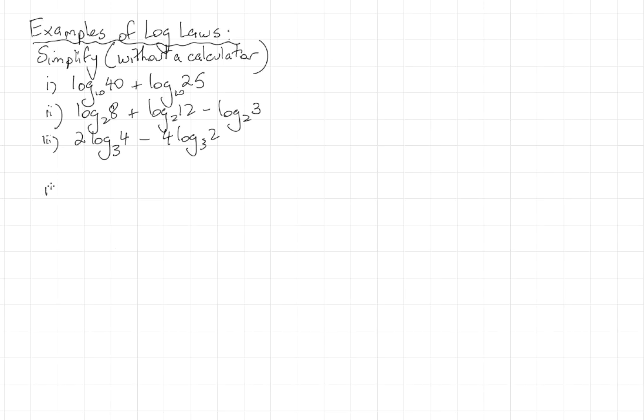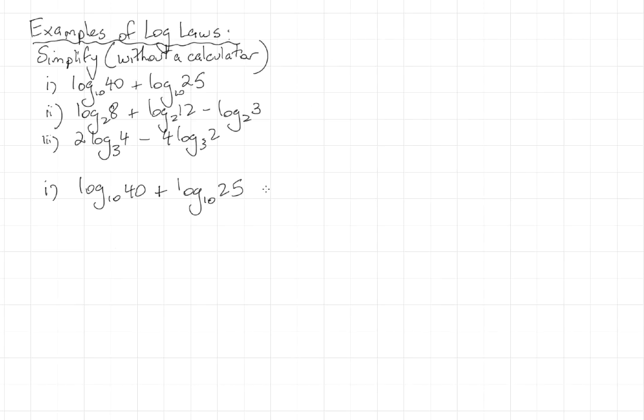So let's have a look at the first one, and as we normally start, we just write out the basic question. Now, if we are adding two logs together and it's to the same base, which in this case is 10, what we're actually doing is multiplying the numbers.